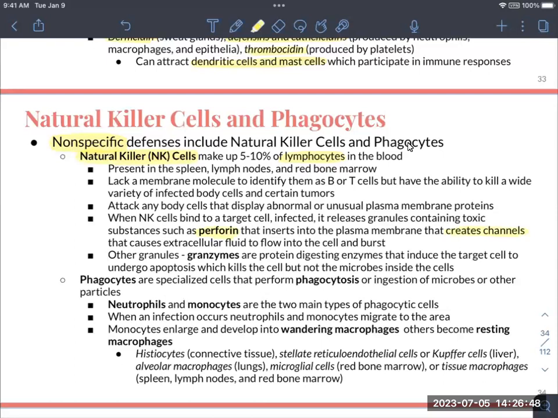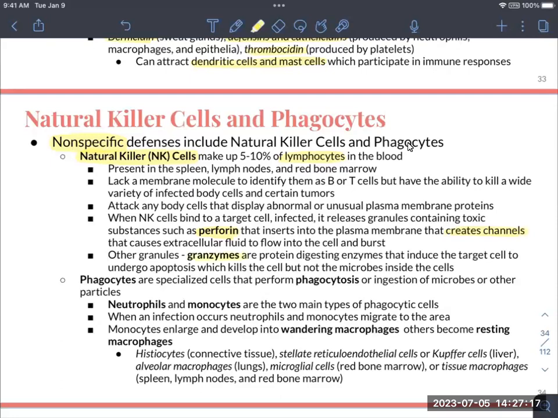Or no, fluid flows in. Too much fluid flows in, it bursts. If fluid were to flow out, it would shrivel and shrink. So perforins produce holes in that cell to allow plenty of that extracellular fluid to flow in, till that cell just becomes too large and explodes.